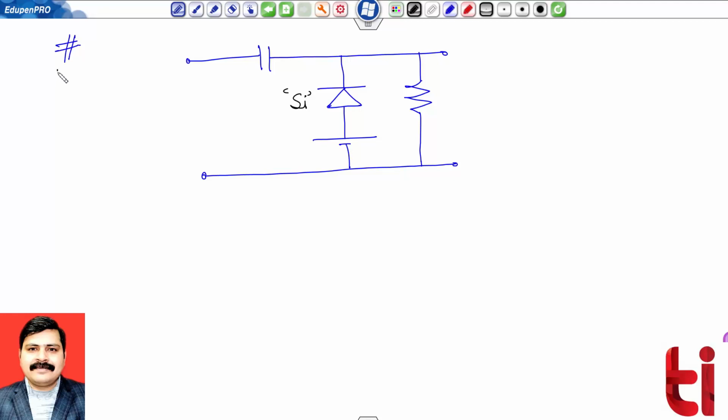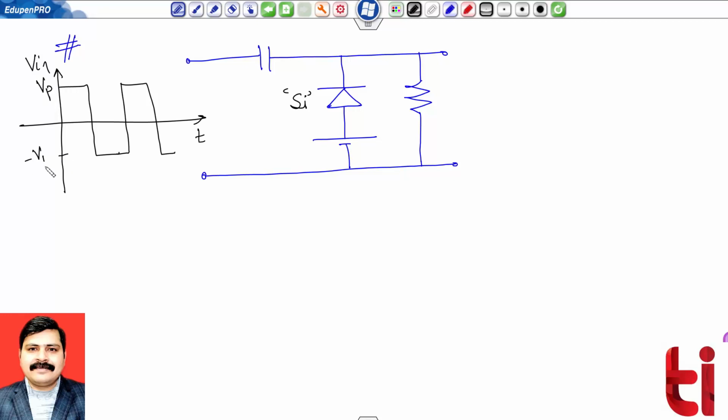Okay, and keeping my input signal same as a square waveform. So this is my square waveform. Input V in. Suppose this is V, or in fact I'm writing VP, a different notation, 0, T by 2, T, 3T by 2 and so on. And suppose this is a battery of value Vk, and this is my load resistance R, across which we want to find the output voltage V0.